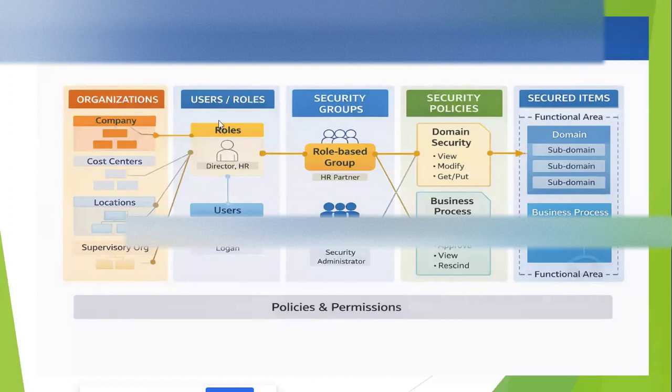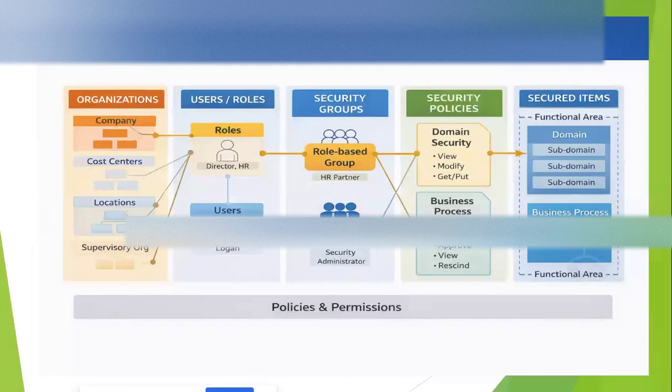Once a member joins a supervisory organization, he is assigned a role. This role is again assigned to a role based group, and in the role based group we give them the security policy.